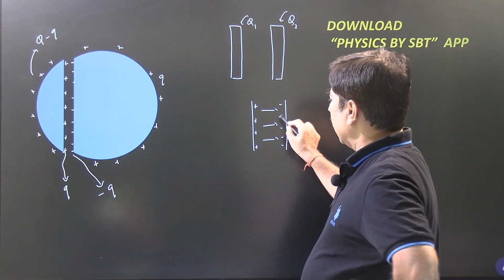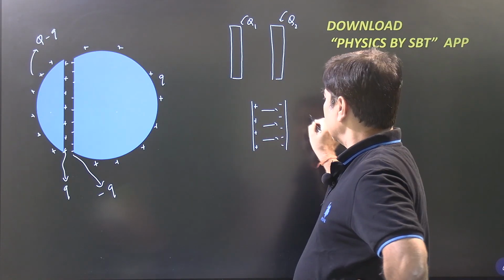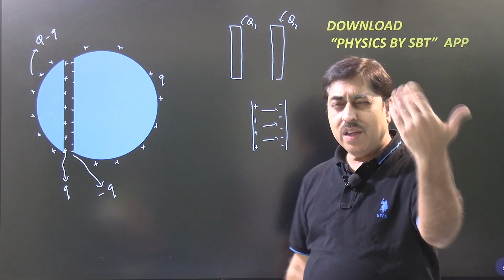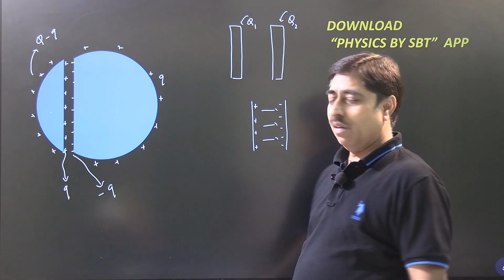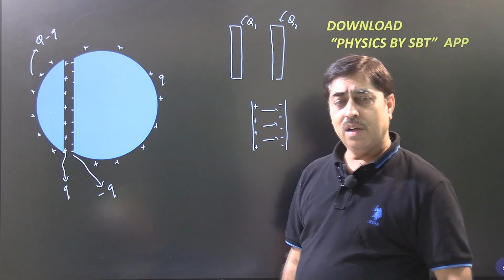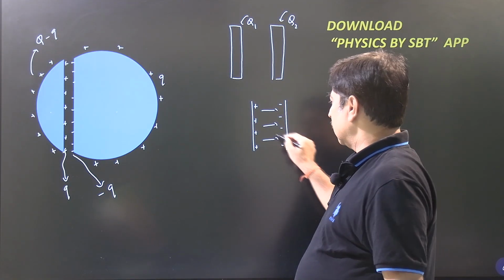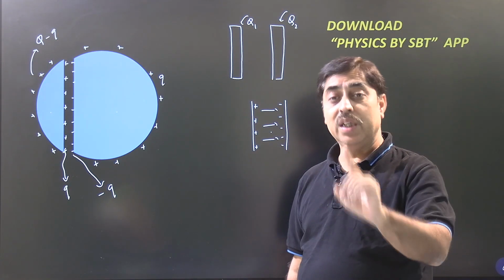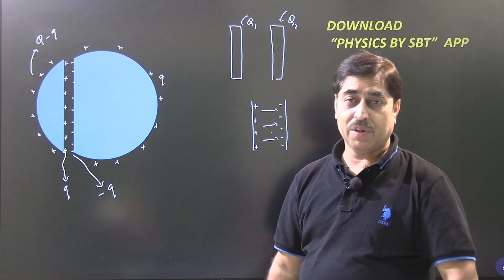There is no electric field produced because of this charge and this charge outside the plates. In practice, there is some fringing over here, but if this gap is really small, we ignore that and assume that this plus and this minus charge can produce field only between the parallel plates of the capacitor.